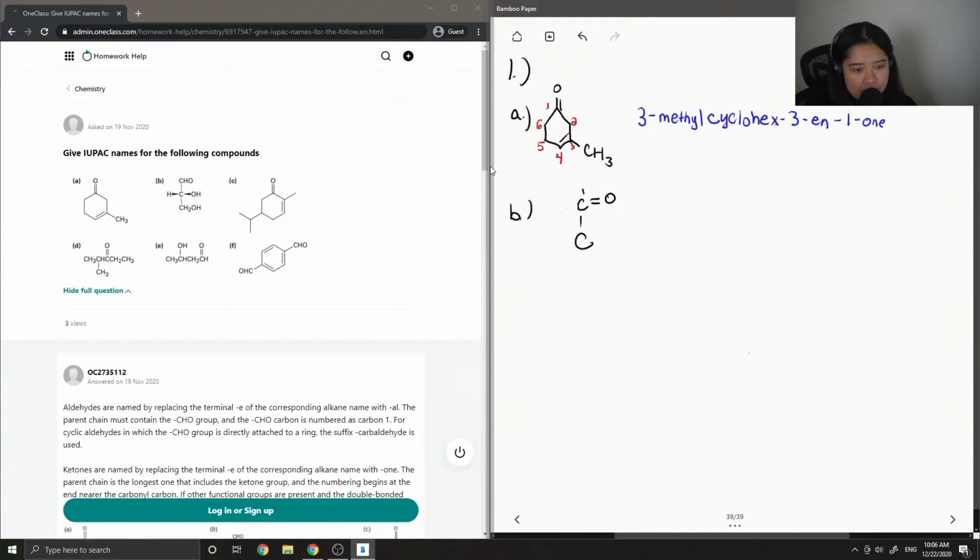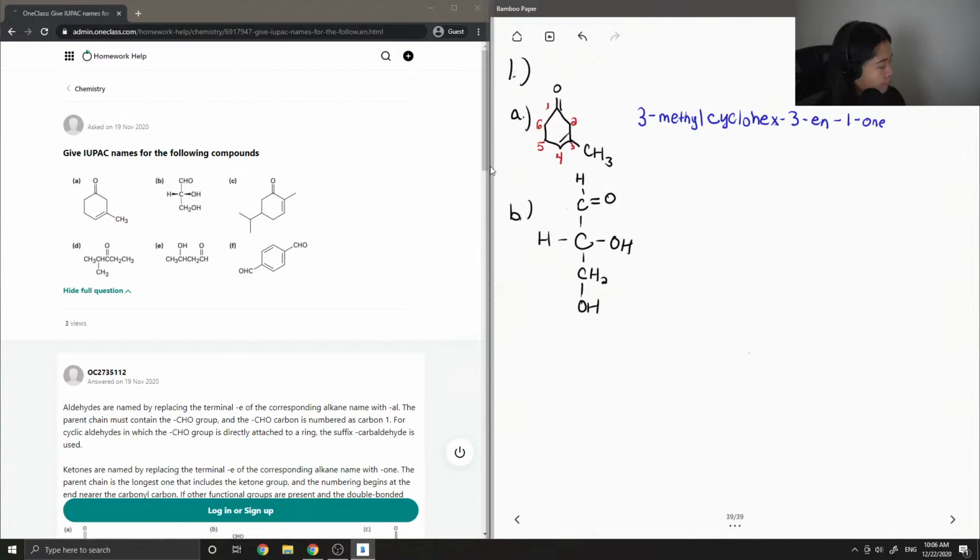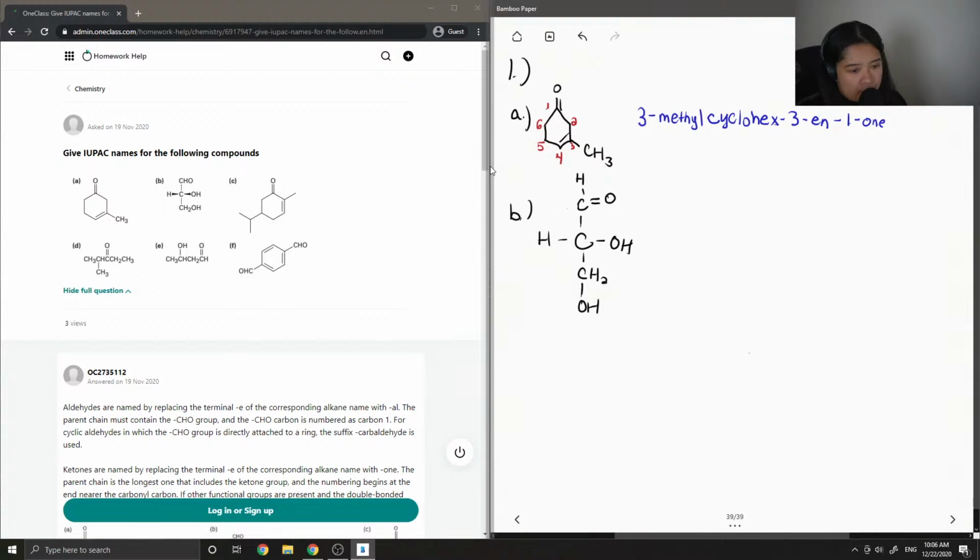Let me draw it like this. And then the middle carbon has an alcohol. And then there is another alcohol at the end here. Okay, so they also showed some stereochemistry. Let me just fill that in.